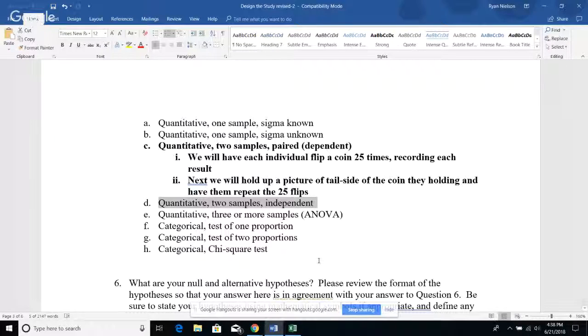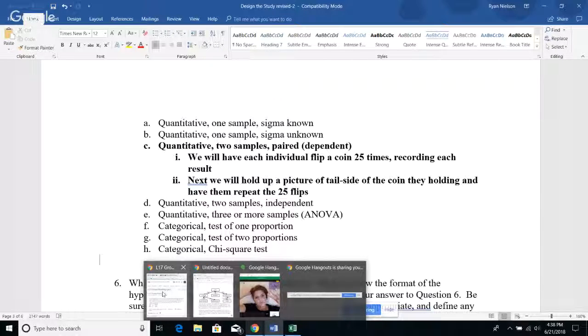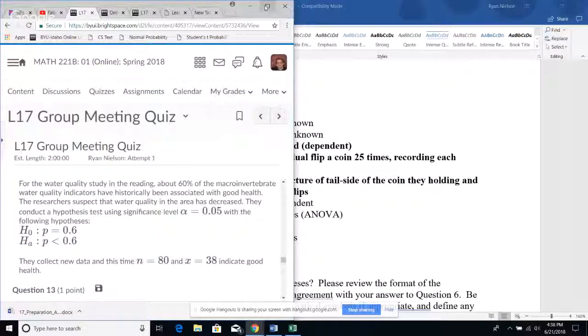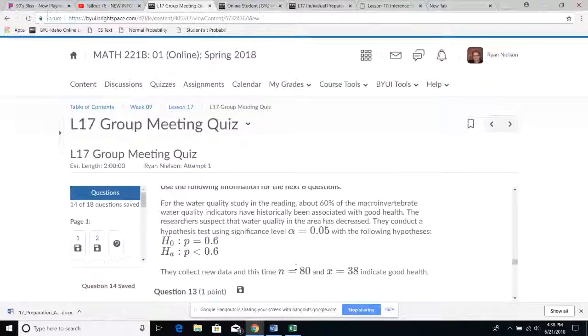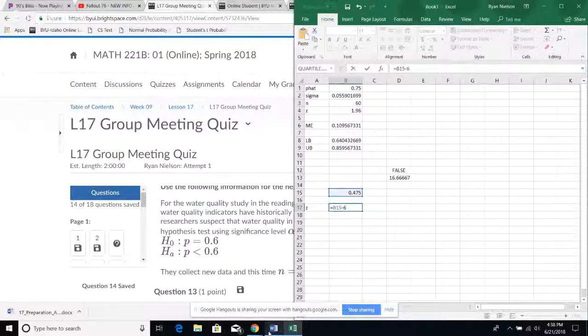It looks like 2. They're testing it twice, but 1 sample. So we have 1 sample, N equals 80. Okay, so that narrows it down.